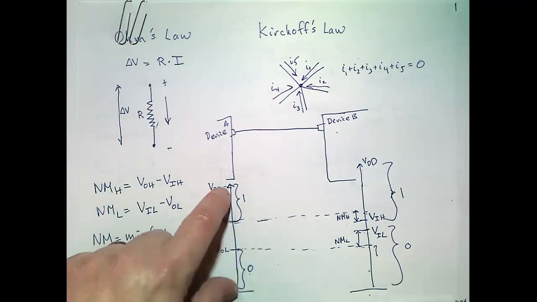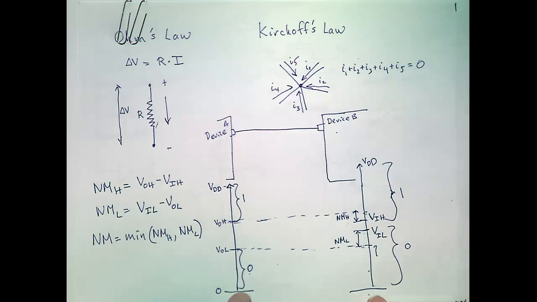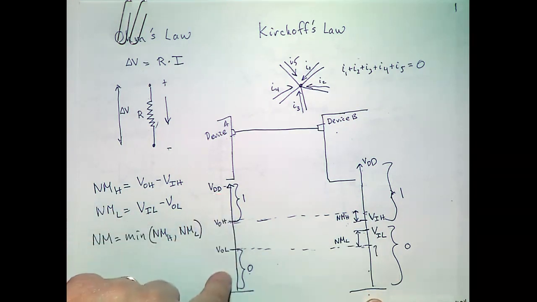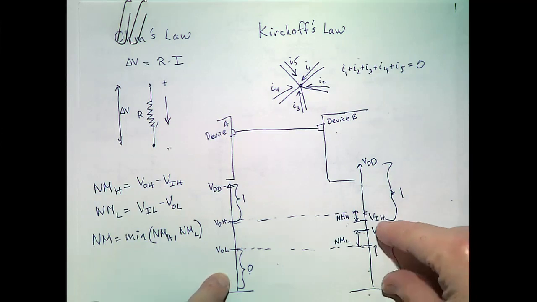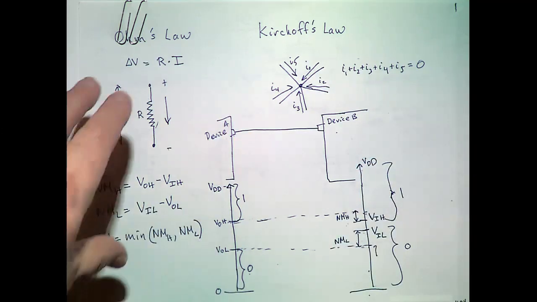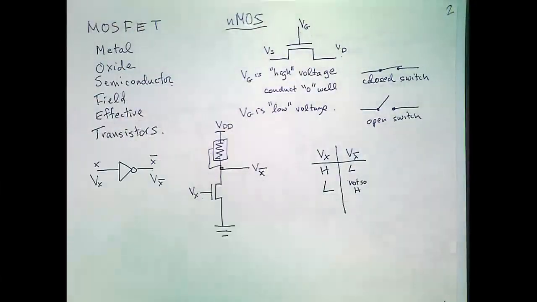Then we talked about the fact that our devices communicate ones and zeros by supplying a voltage in a range. So this range we would call a 1, this range is 0, and of course the receiving range should be a little bit wider than the sending range so that you have room for noise.